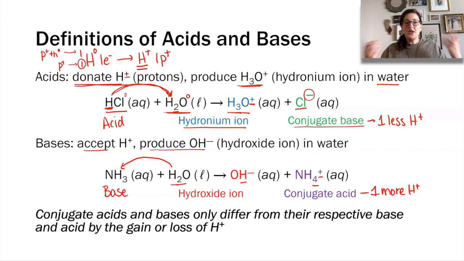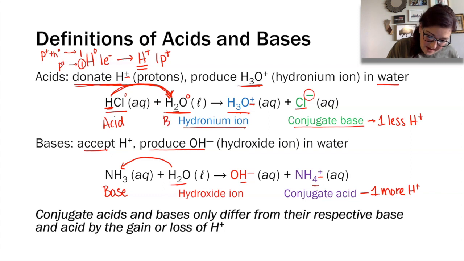So if we look at the reactions, the conjugate acids and bases are only going to differ from the respective base or acid by that one single proton. So that's all that's happening in these reactions. In both of these reactions, the products only differ from the reactants by the movement of that one H plus. So H plus always moves from the acid to the base in this case.